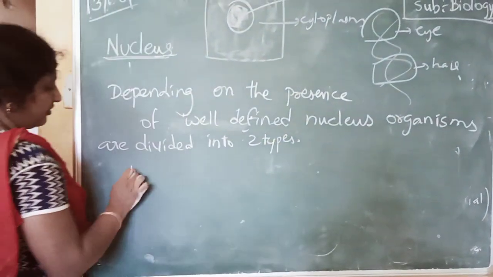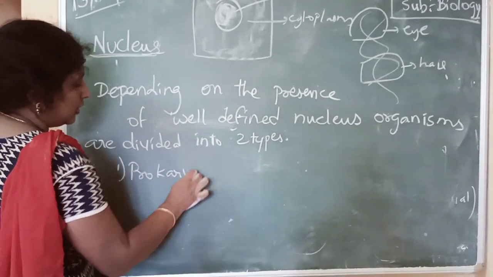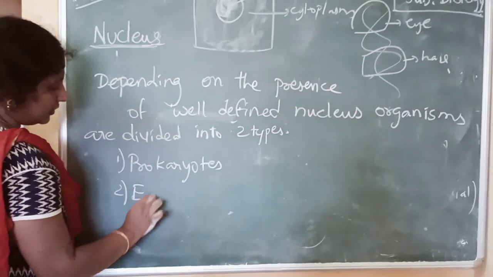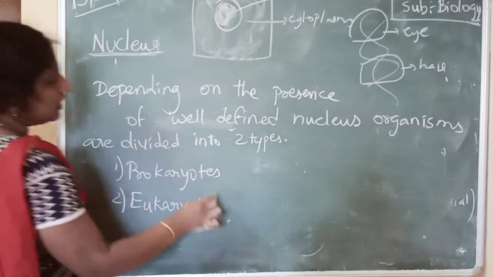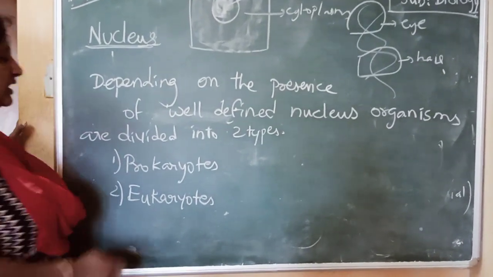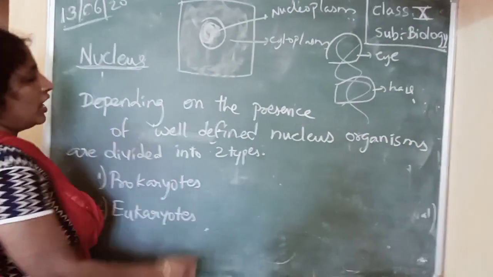What are they? First one is prokaryotes. Second is eukaryotes.